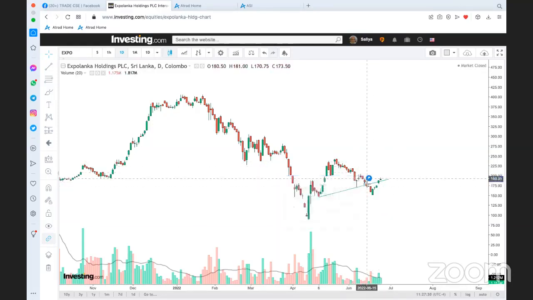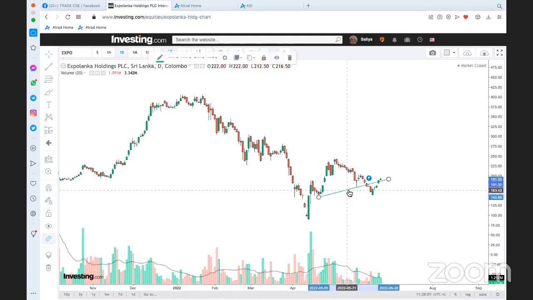Thereafter, it has to break this high, the high of the shoulder, that is at 204.75, right? The moment you break that out, and then there is a retest confirmation that this 204.75 is well supported, then this head and shoulder formation is rejected, right? That is as far as this pattern is concerned.